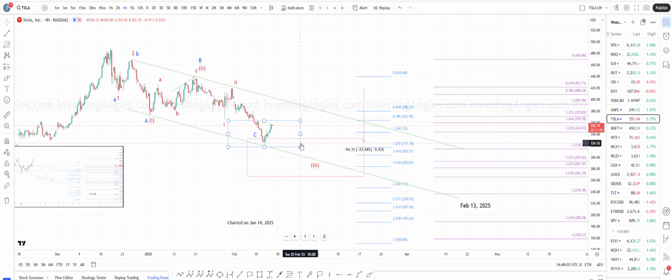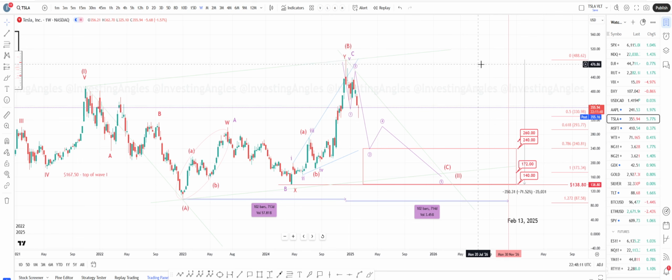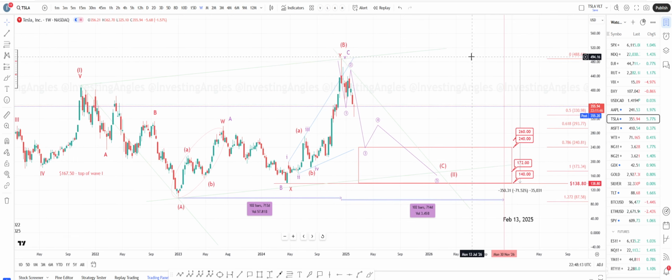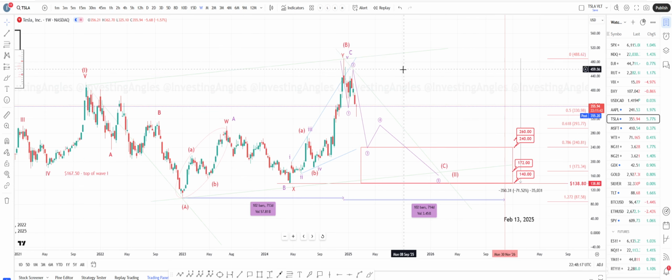Potentially Tesla is in wave 3 right now. And speaking about a very large perspective, this was our chart that we discussed a while ago, early in January. Since then, Tesla has been moving in an impulsive fashion. Let's see how it develops from now on.